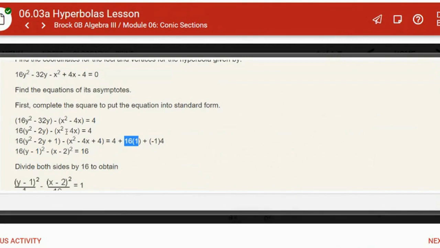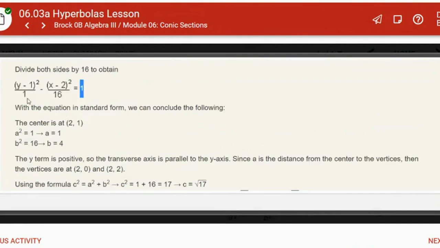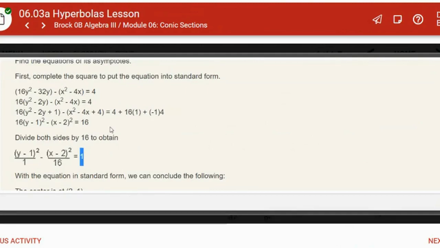On this one, we had x squared minus 4x, and it's added 4. They added 4, and I don't know where this negative 1 came from. I'm going to have to check into that. But anyway, they still end up with the same a and b that we have, and the same h and k that we have. So those points didn't change regardless of what they did over here.